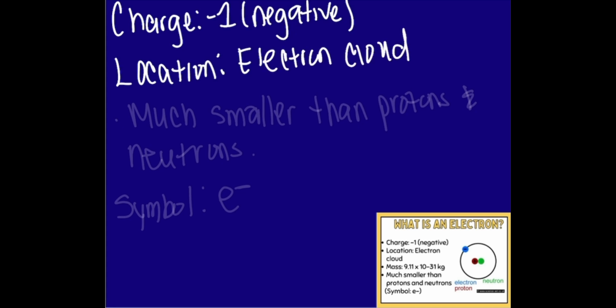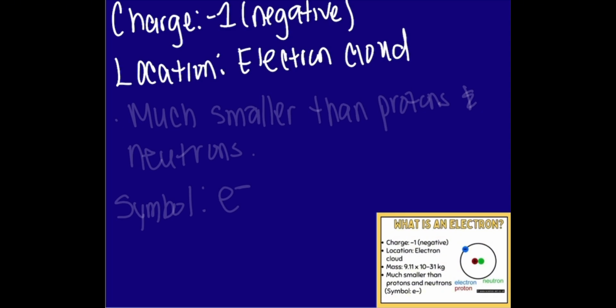As you can see on the image in the right-hand corner, the blue negative charge is located on the outside, the outer ring. That is called our electron cloud.